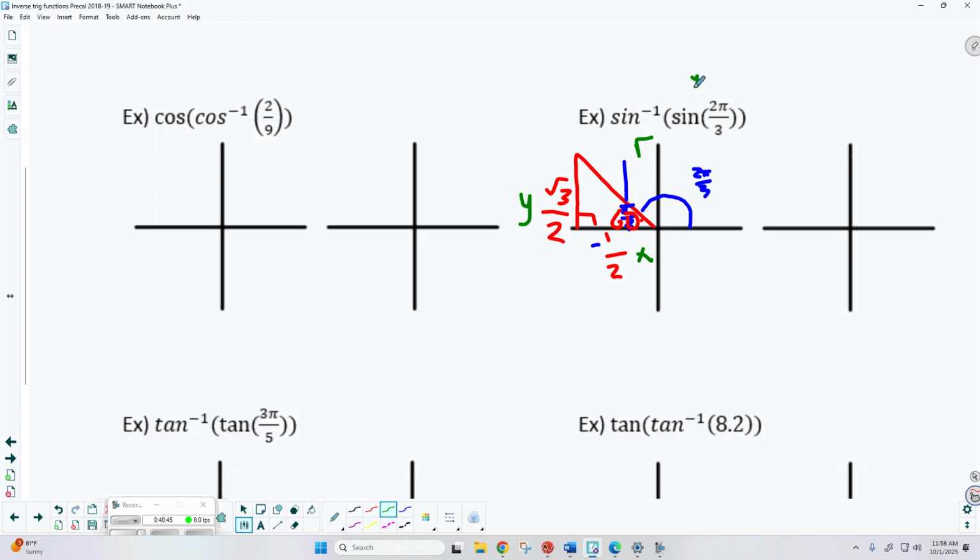Sine wants y over r. So what would sine of 2 pi over 3 equal? Over 1. So it would just be square root of 3 over 2. Where am I going to put that square root of 3 over 2? I'm going to take that answer, plug it into what? Remember, you just solved this one.